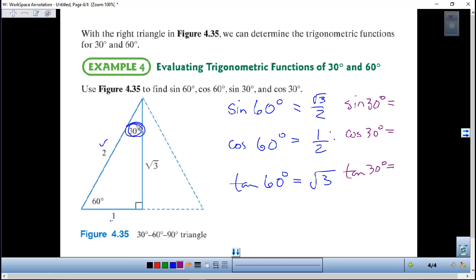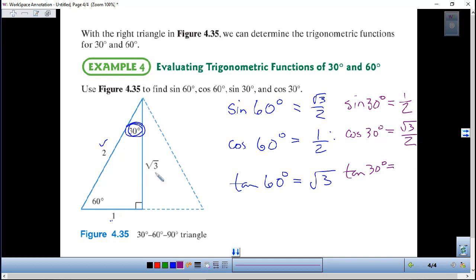Based on 30, the opposite is now 1, and the adjacent is now the square root of 3. The hypotenuse is the hypotenuse is the hypotenuse. So when we do the sine of 30, the opposite is 1, hypotenuse is 2, so the sine of 30 is 1/2. The cosine of 30 is adjacent over hypotenuse, or the square root of 3 over 2.